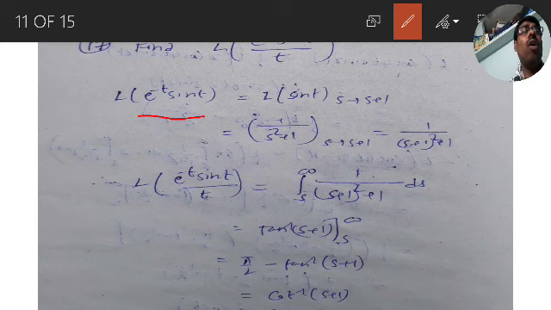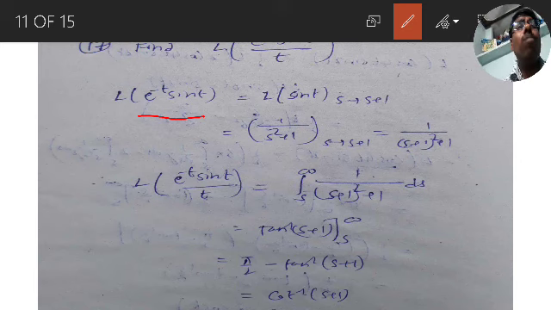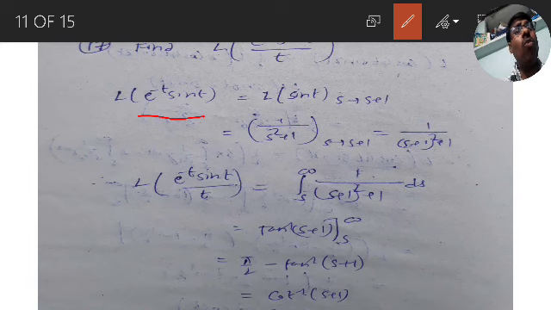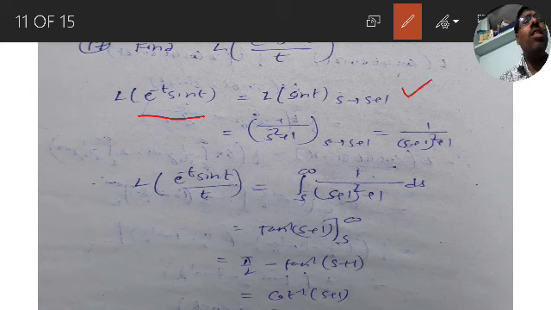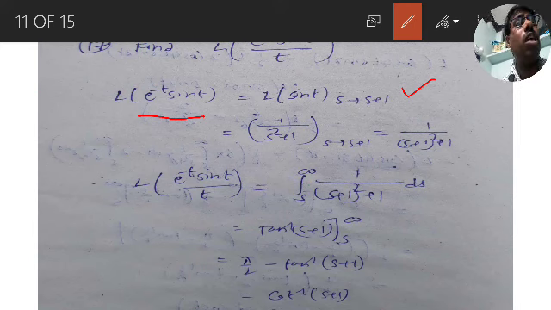Now let us find f bar of s, that is L of e power of minus t into sin t. Which method? It is a product of two functions, and one of them is e power of minus t, which means it is the first shifting theorem. If you multiply by e power of minus at, then replace s by s plus 1. So L of sin t, replace s by s plus 1, by the first shifting theorem.